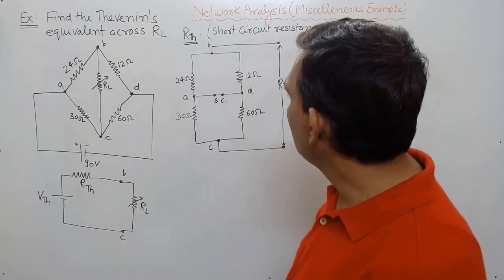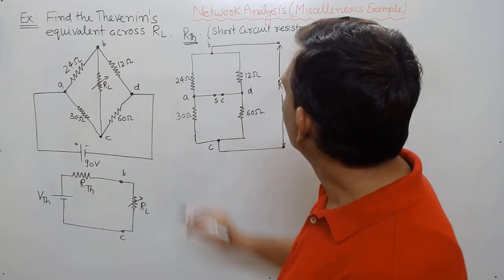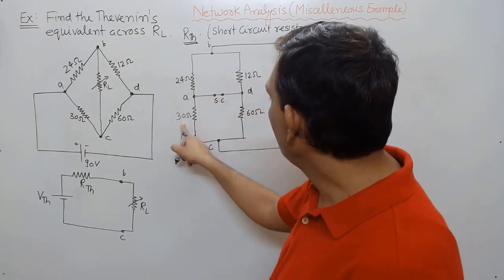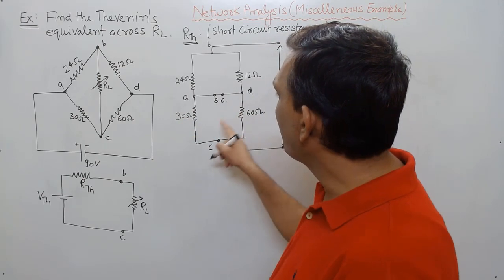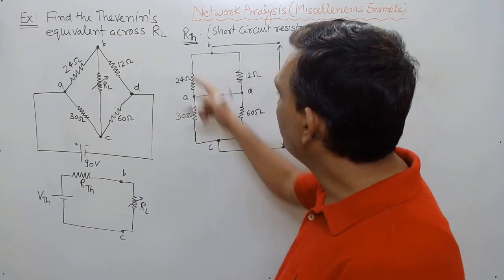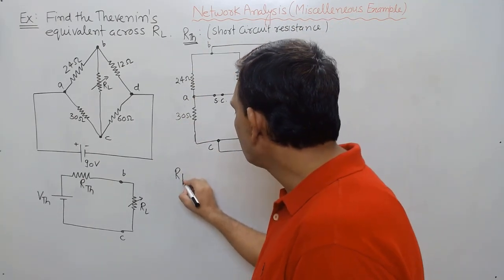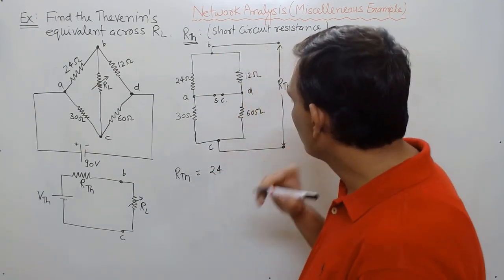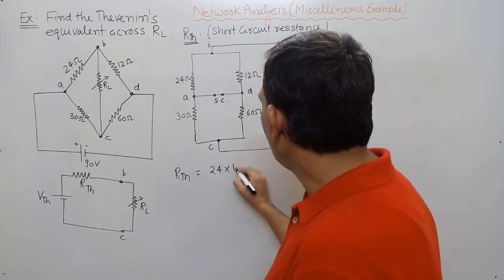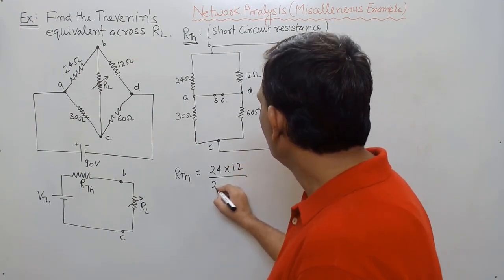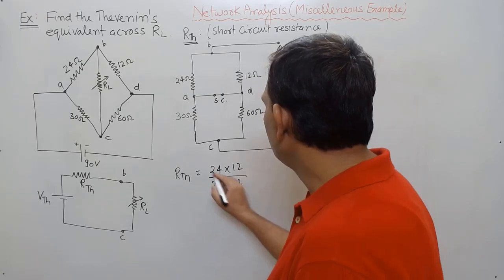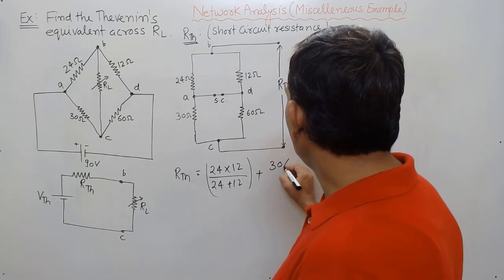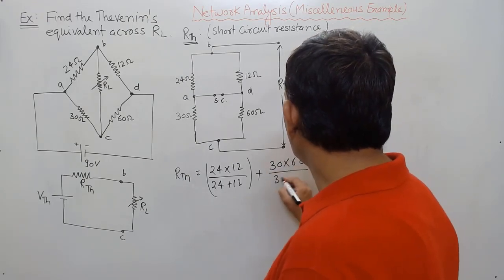So as you can see, in this case now these two are in parallel, and again 30 and 60 are in parallel, and that is in series with these two. So RTH is given by 24 into 12 by 24 plus 12, plus 30 into 60 by 30 plus 60.